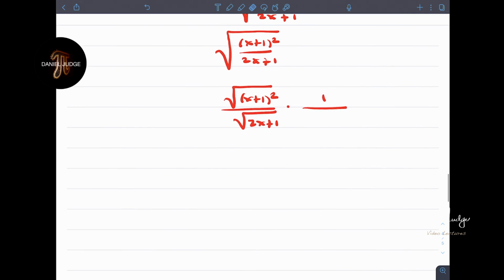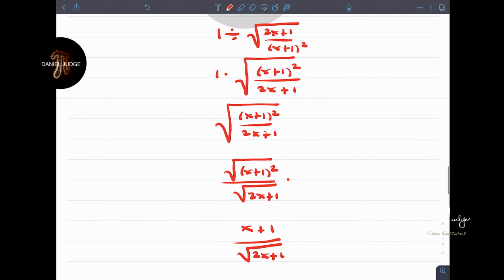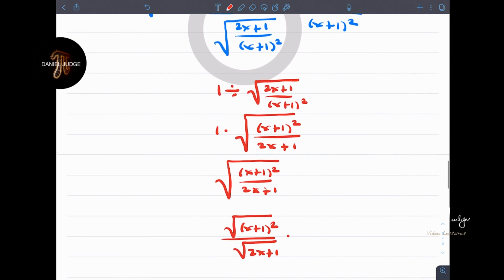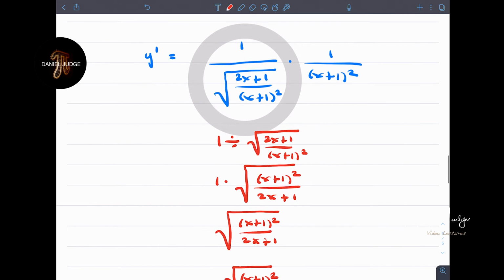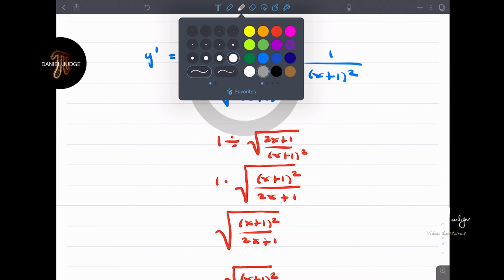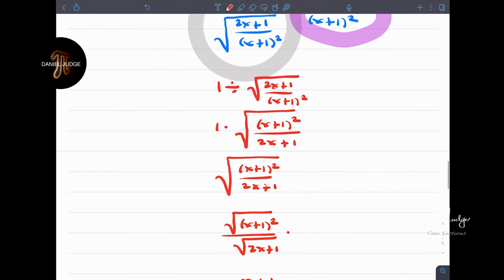Well, we can actually still continue with this simplification here. You get x plus 1 over the square root of 2x plus 1. So this is the portion here that can be simplified further, and then you still have the chain rule portion, that factor of 1 over x plus 1 squared here.